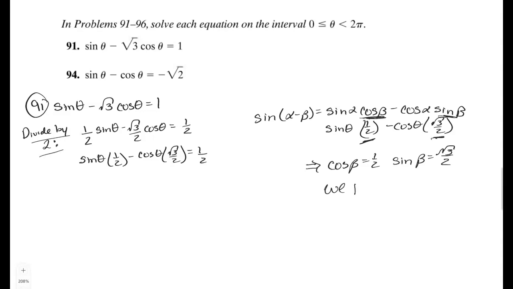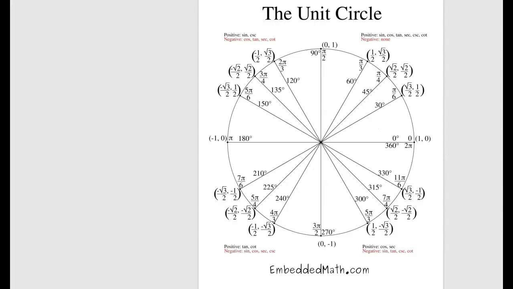Which means we know beta. Just thinking about that unit circle, which angle gives us an x coordinate of 1/2 and a y coordinate of square root of 3 over 2?